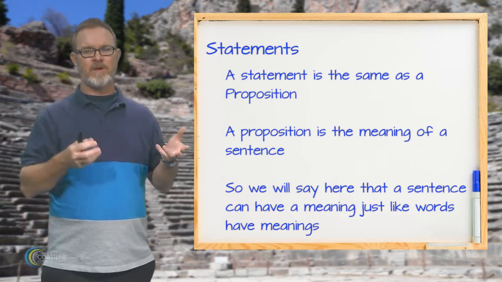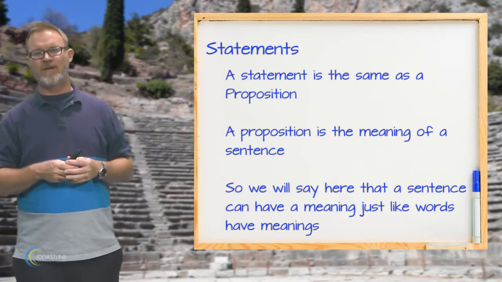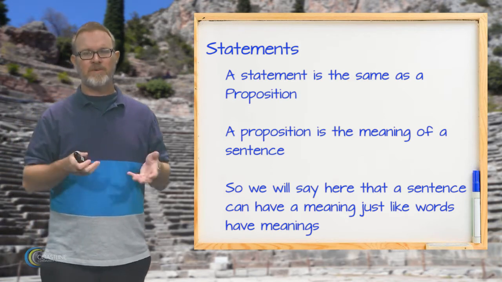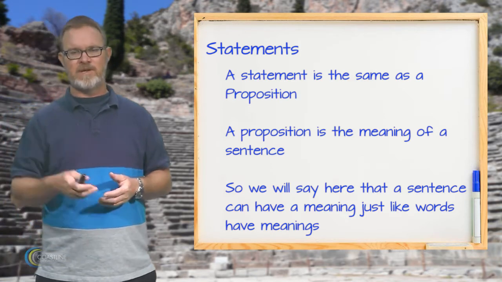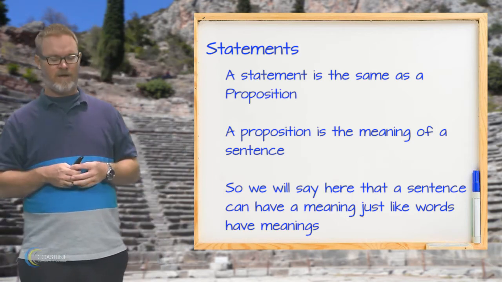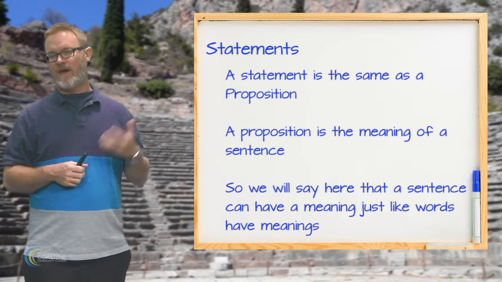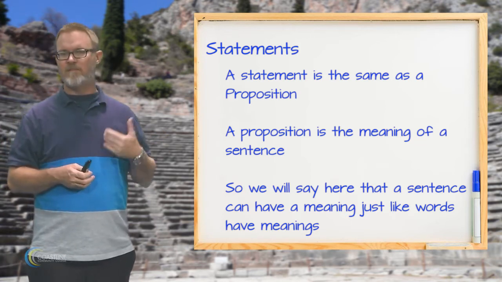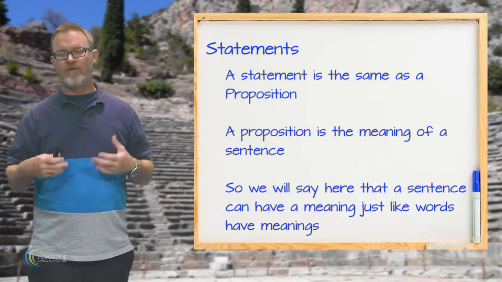And we call this meaning the idea of a proposition. So a proposition is the meaning of a sentence, right? And so what we are really saying here is that, when we have a word, like say cat, by cat we mean something like four-legged mammal that meows and so on.